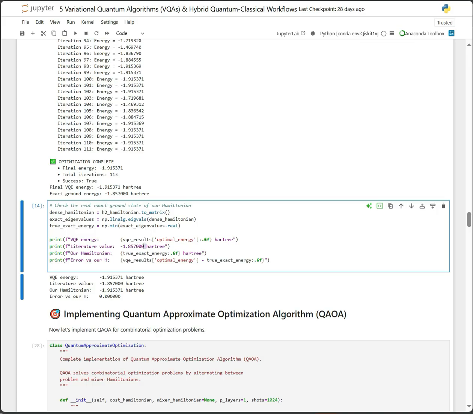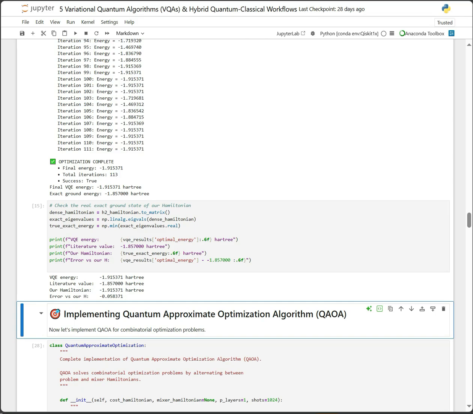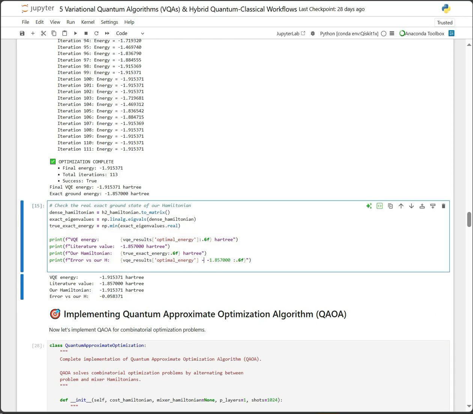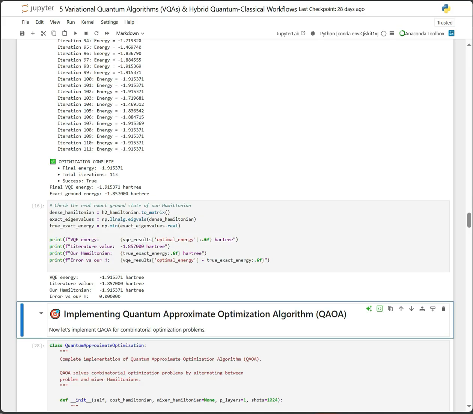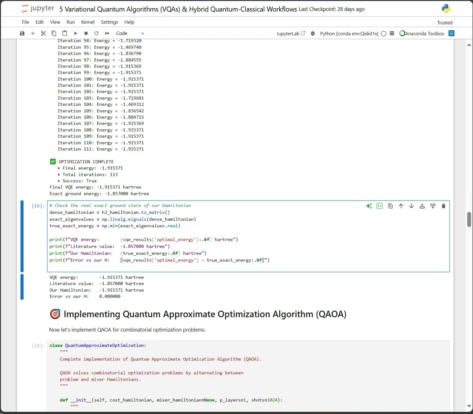If we want to check it with the literature, which is this one that is reported, let's just run it here, and then you have this error correction. But in this case, that's not the ideal case. We have 0 here. Sorry, this should be abs of this.